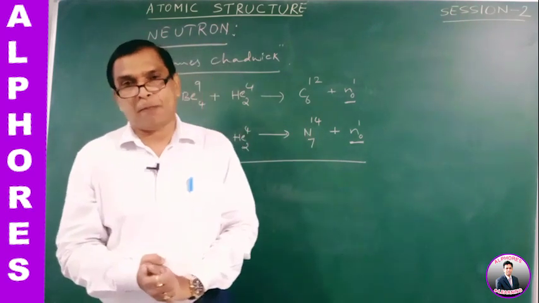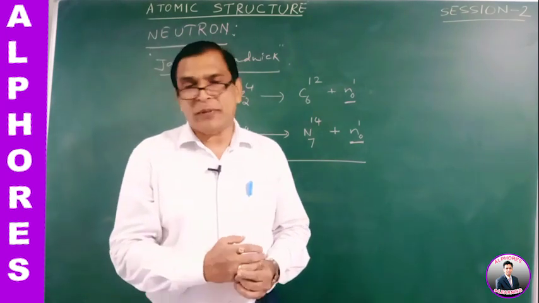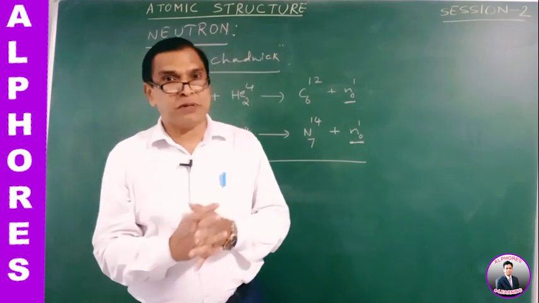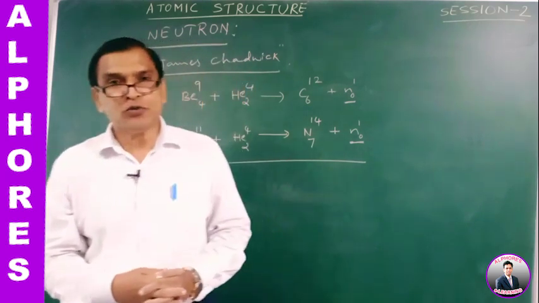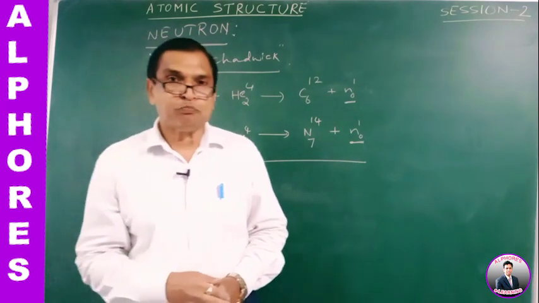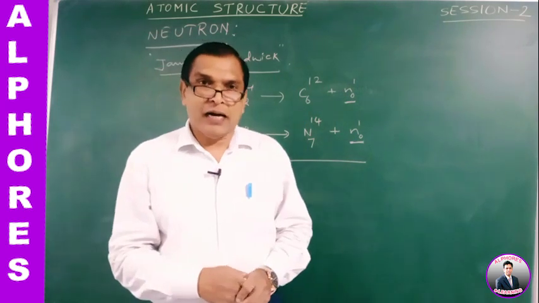And the next one is Rutherford's atomic model. Rutherford described the atomic model as planetary motion. According to Rutherford's planetary motion model of the atom, the various planets are revolving around the sun.